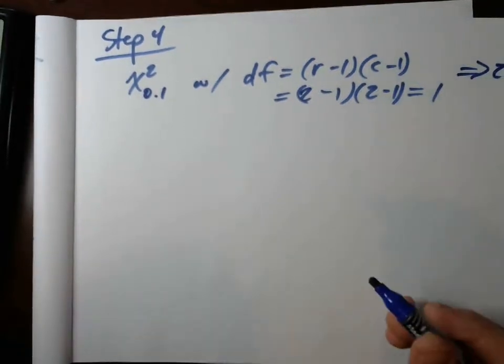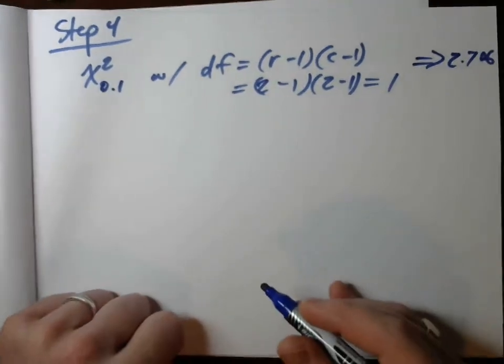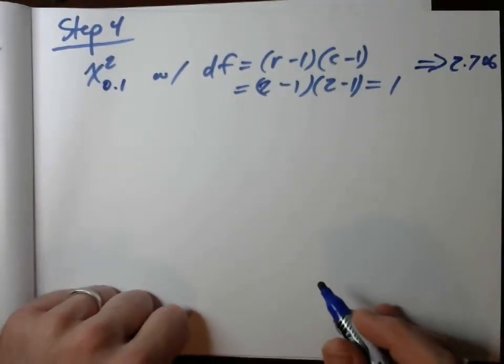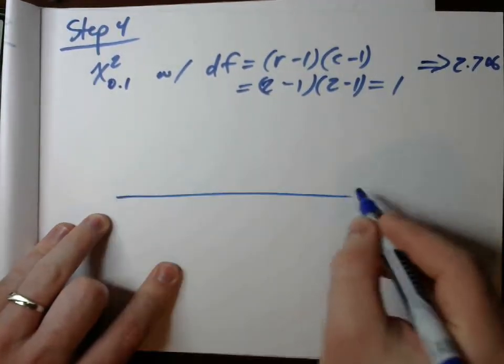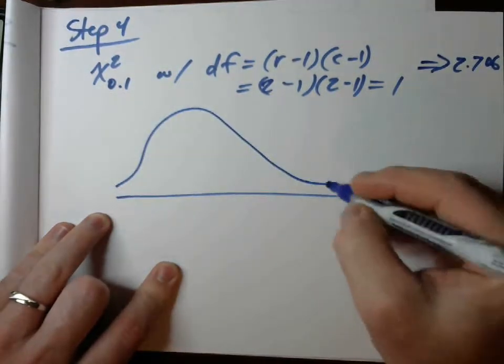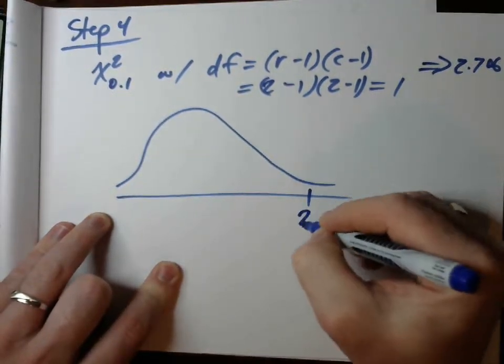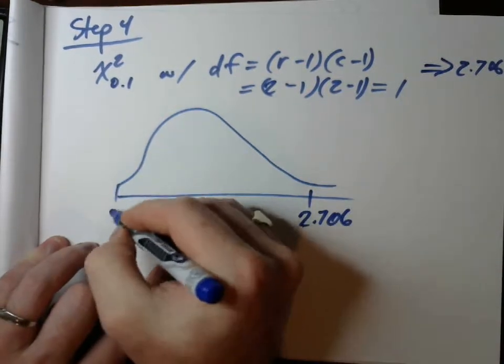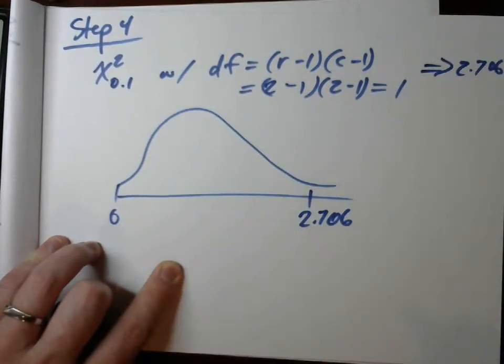Their test statistic. So as you can see, comparing, we have the boundary of 2.706. The far left is 0, as you know, for a chi-squared distribution.